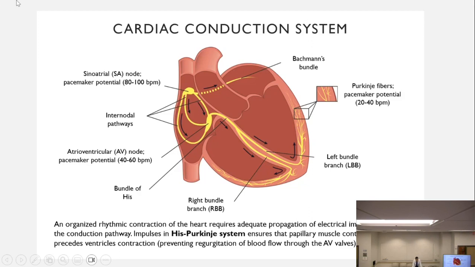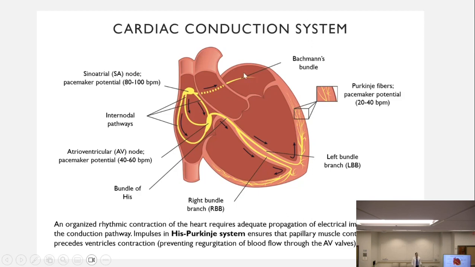Notice that there is no valve between the veins, for example the superior and inferior vena cava, and the right atrium. Nor are there valves between the pulmonary veins and the left atrium.